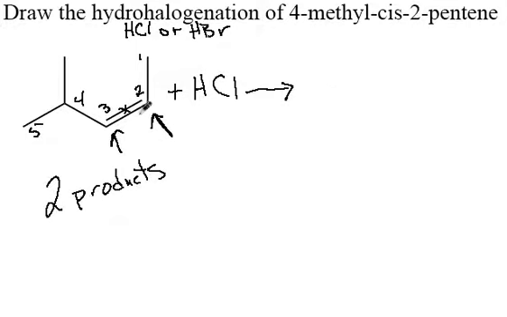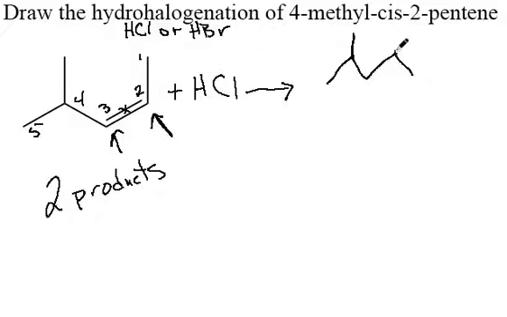Since in the product there will not be a double bond, I'm simply going to draw it in the traditional way that we would represent a 5-carbon chain, and that is as pentane. So we have 1, 2, 3, 4, 5, and we have our methyl group on number 4. In the first example, I'm going to show the chlorine adding to carbon number 2.